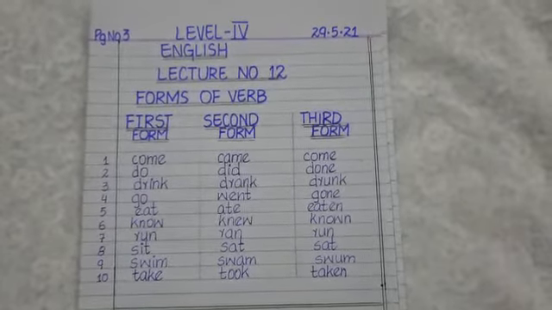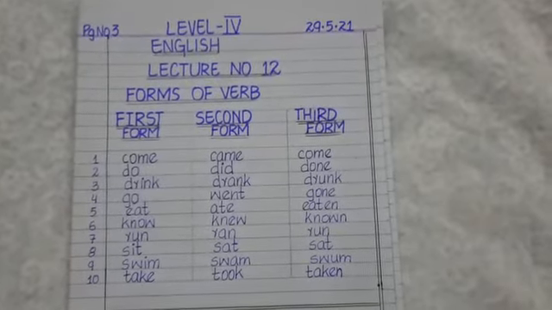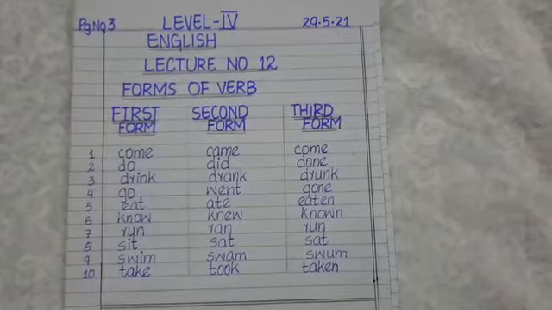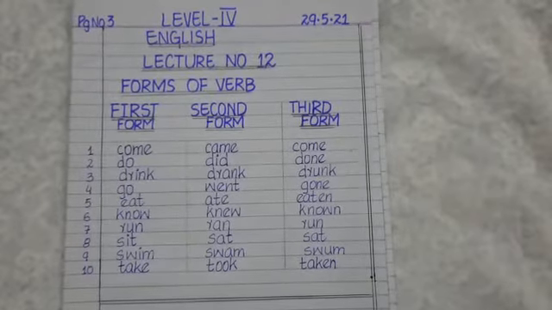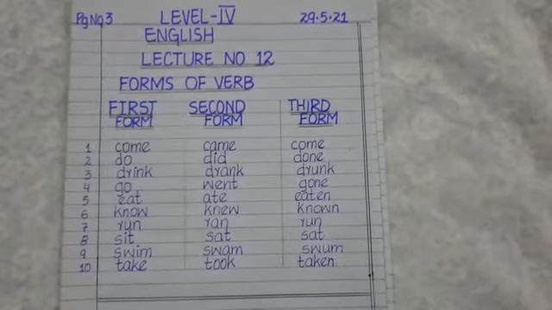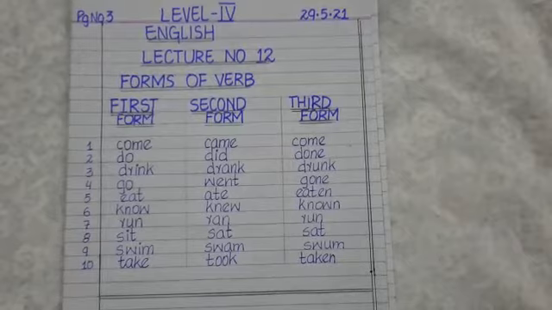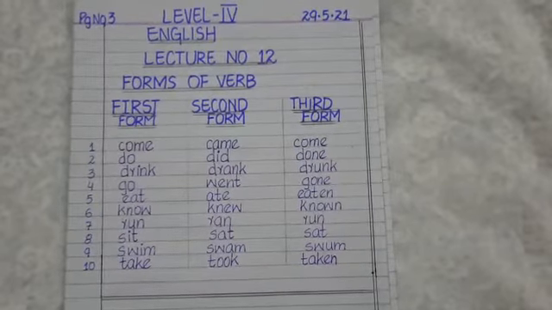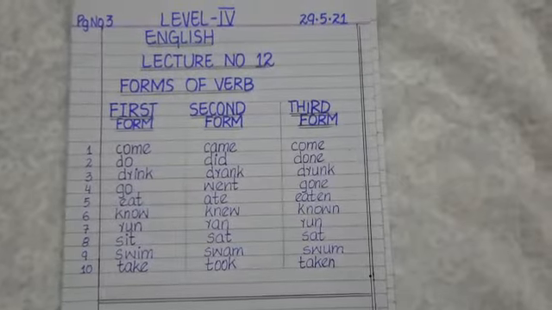Come is the past participle. Do, did, done. Drink, drank, drunk.